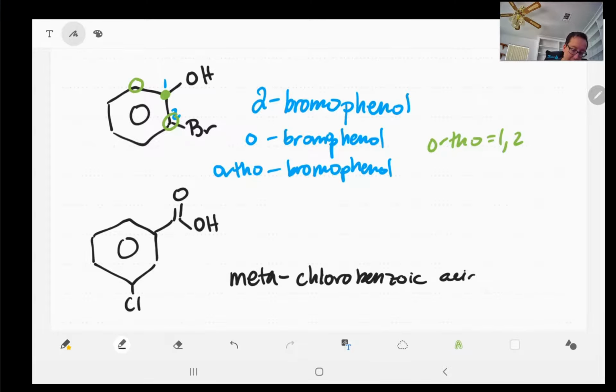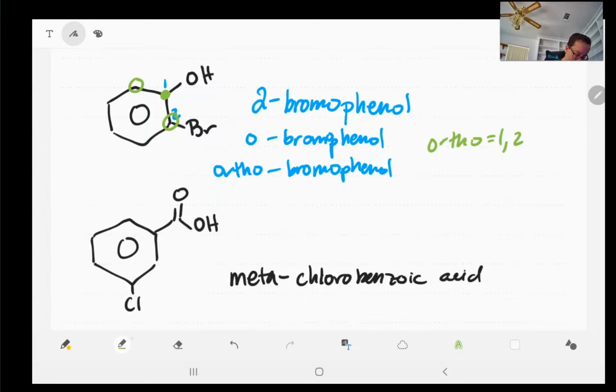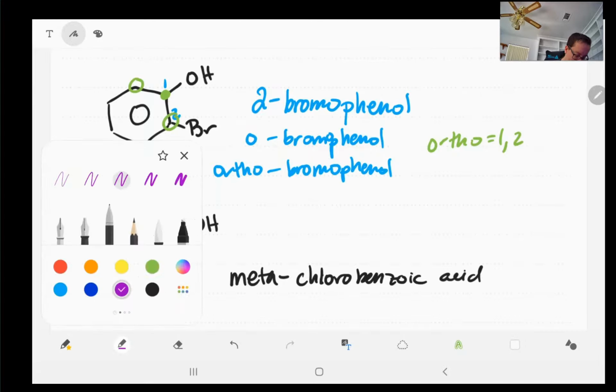We don't have peroxy this time because I've only got a regular carboxylic acid, but remember MCPBA, meta-chloroperoxybenzoic acid? That is how we'll name this. The meta part is a 1-3 relationship. Let's do this meta in purple. Why not?